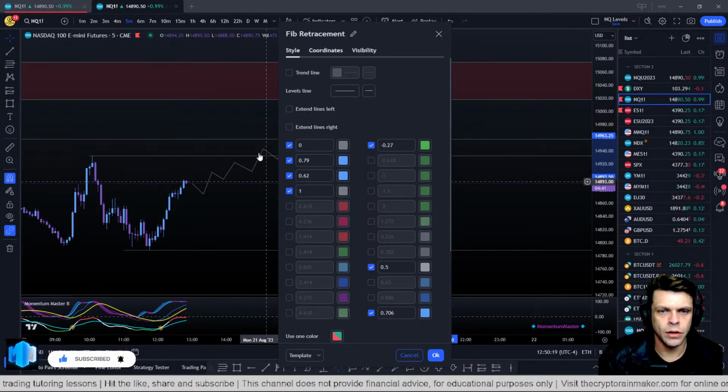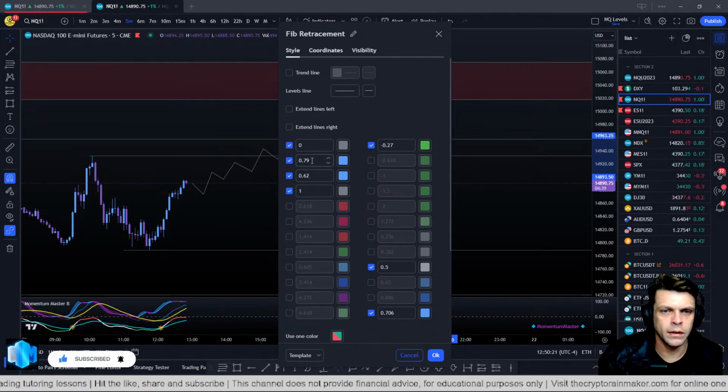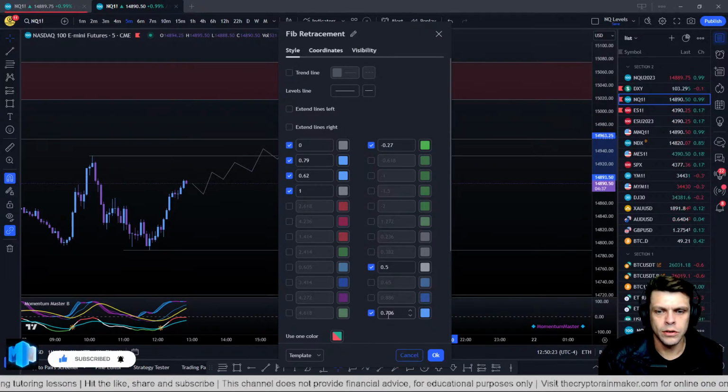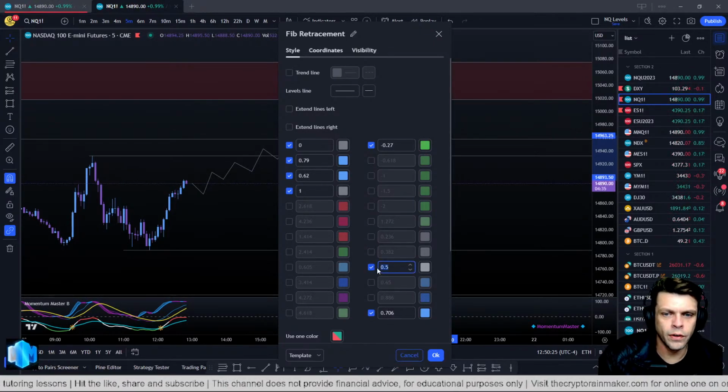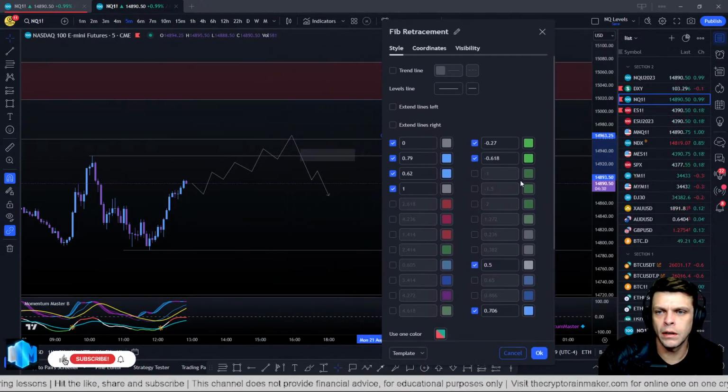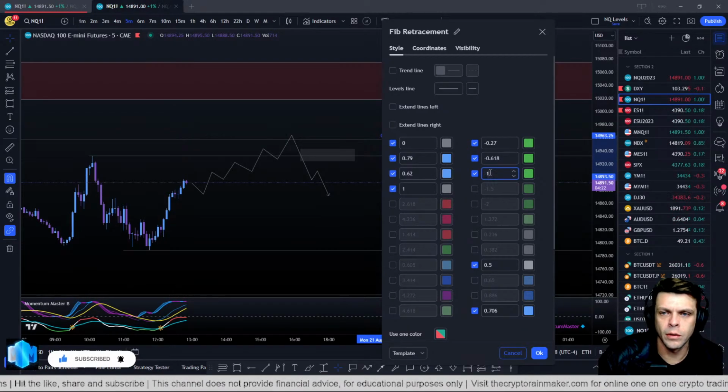So the main levels that I use are the 0.618, the 0.786, the 0.706, and the 0.5 for the equilibrium. And then I have some levels for TP, which are the negative 0.27, the negative 0.618, and then one standard deviation, which is defined by -1.